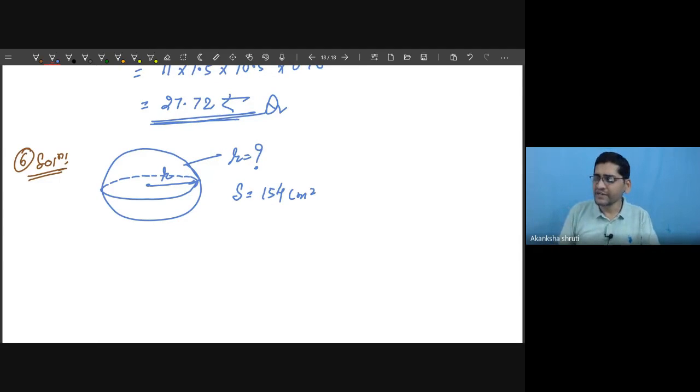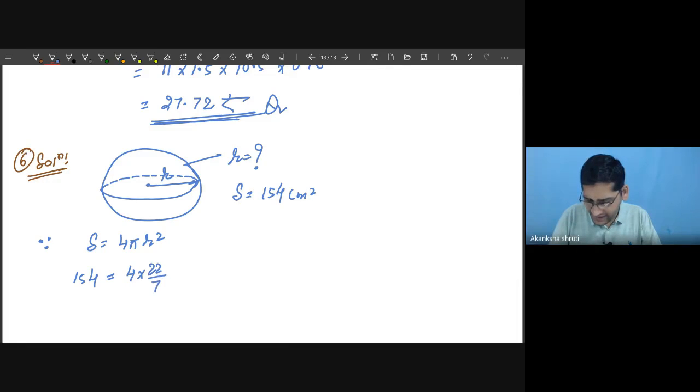So what is the relation between surface area and radius? Just go for substituting it. Since surface area is given by 4 pi r square, the surface area given, 154, is equal to 4 pi, 22 by 7, and r square needs to be calculated. So go for simplifying this, you can get it.